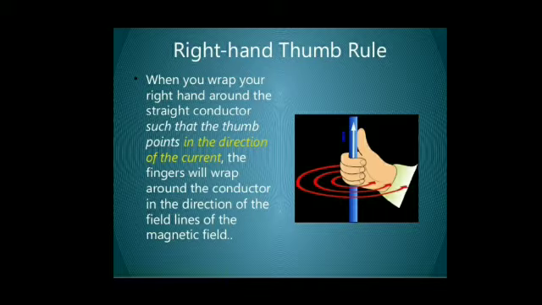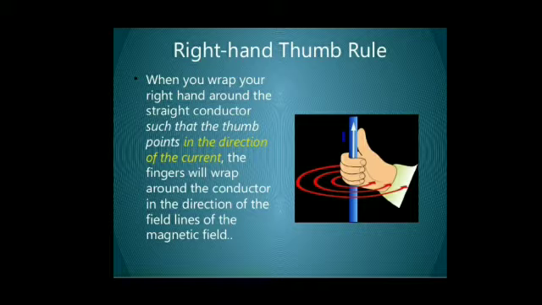Suppose the current is flowing in the upward direction, then you have to keep your thumb in the upward direction with folded fingers and then open your fingers and make a circle. Then the direction in which your fingers are moving is the direction of the field lines of the magnetic field.